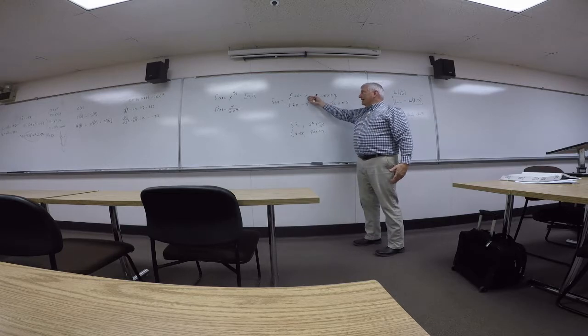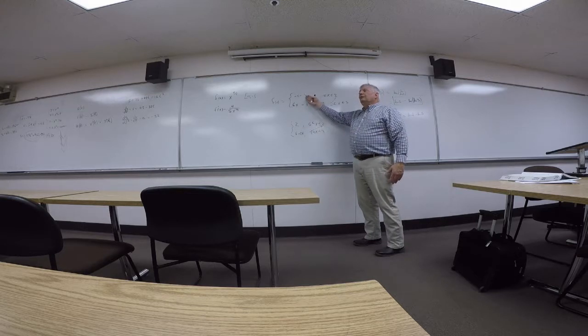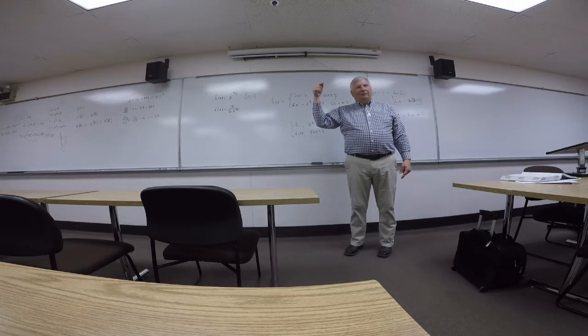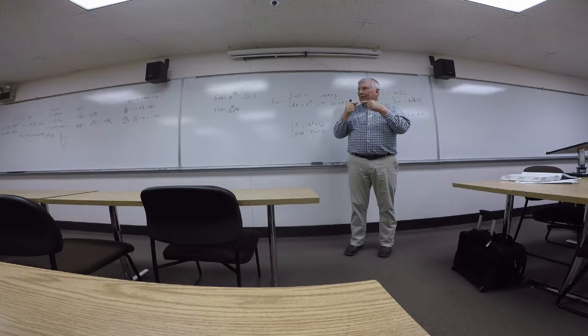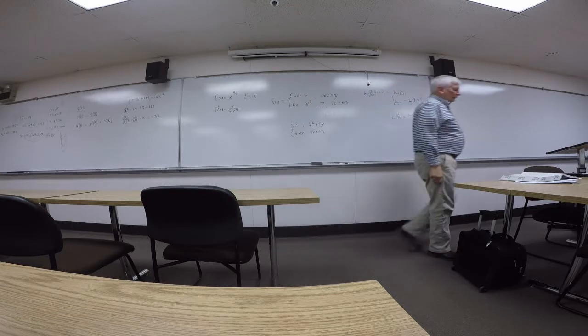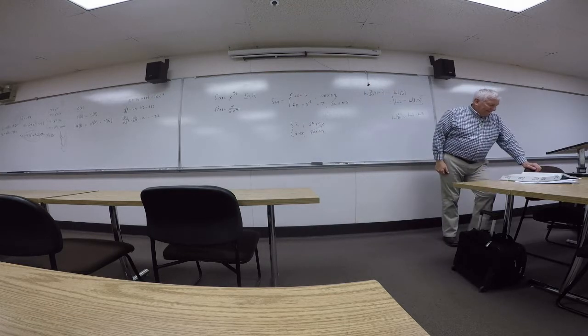What is this value as x approaches 2? The answer is 1. I should say from the lower side, from the upper side. If the value from the lower side is the same as the value from the upper side, then it's continuous at that point.